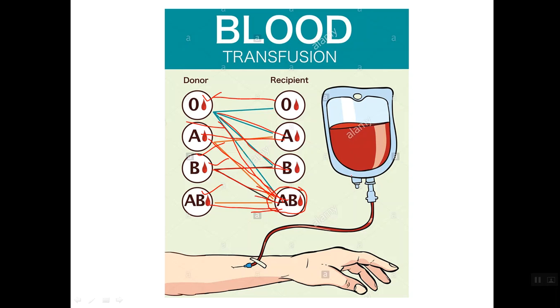So that's why AB blood group individuals are called universal acceptors. All the blood group individuals can give blood to AB blood group individuals, but AB individuals can donate only to AB. They can receive it, but they cannot donate to other groups except AB. So this is very, very important.